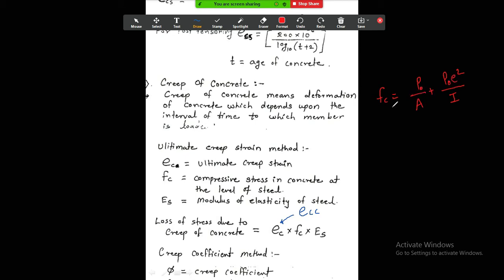So this fc can be calculated as P by A plus P e square by I. This is the formula to calculate fc. Then Es is already known to you, the modulus of elasticity of steel.